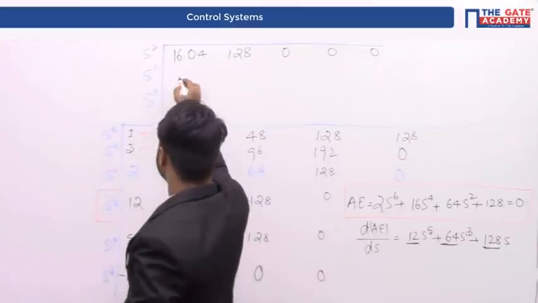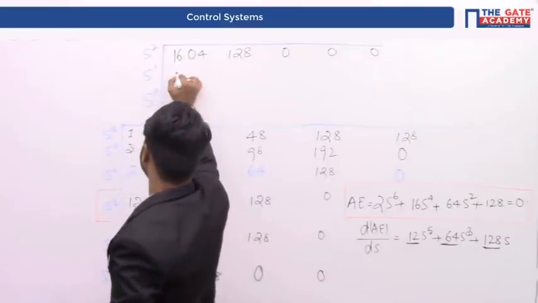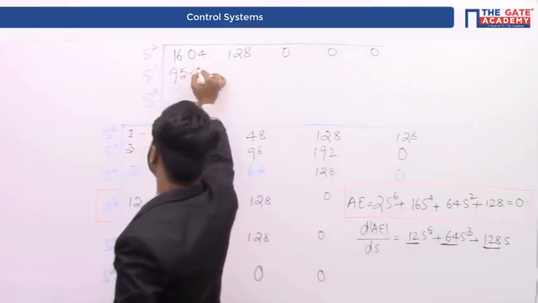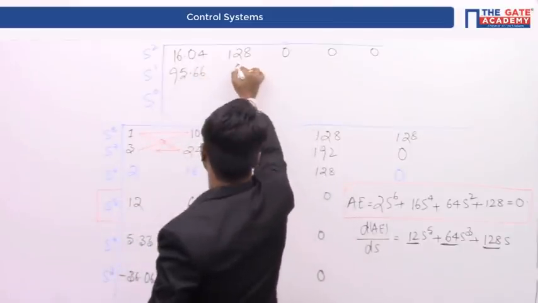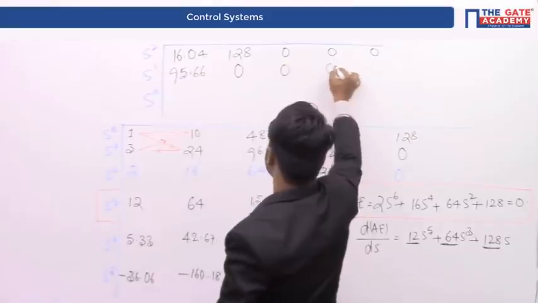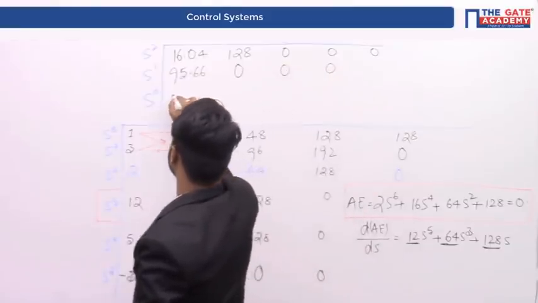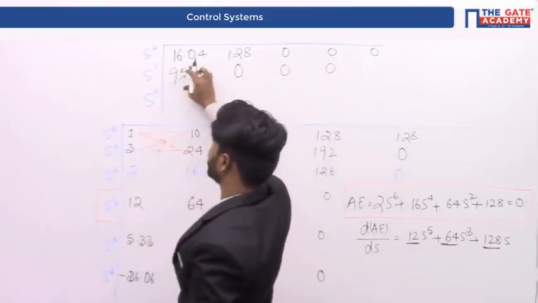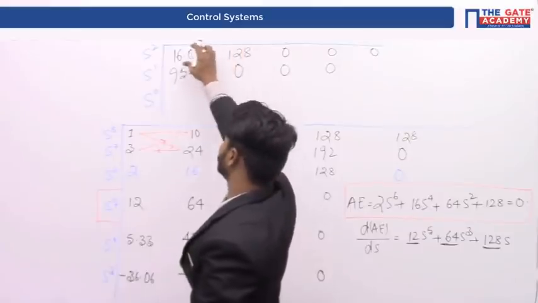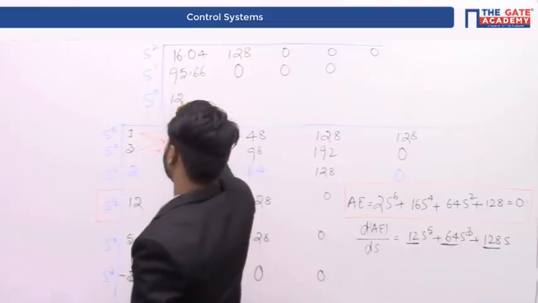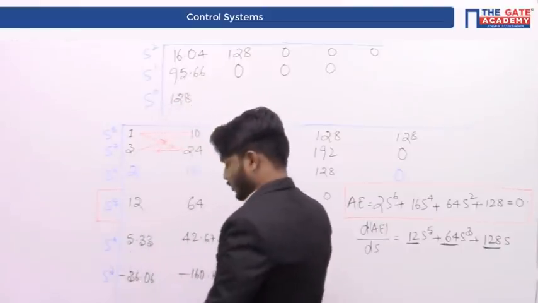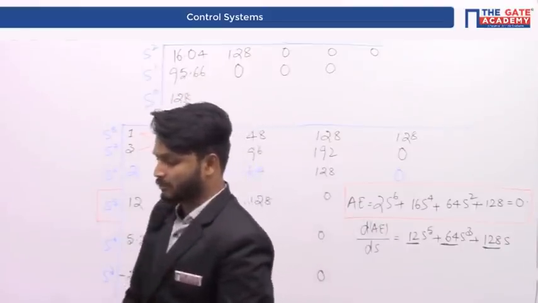And the next element in this row is 95.66. The next element is 0 and zeros thereafter. And here it is 128. This is clearly evident: this into this minus this into 0 upon this, that is 128. So this is the Routh array for the given system.